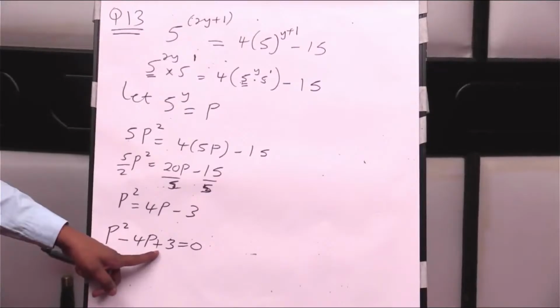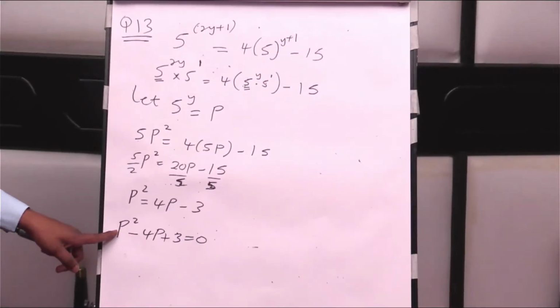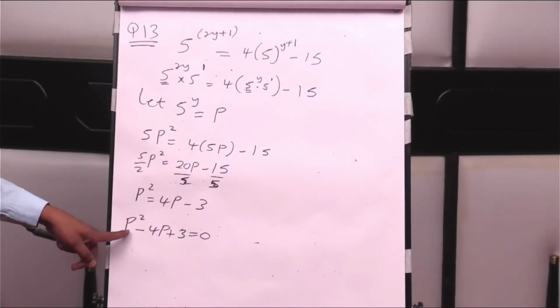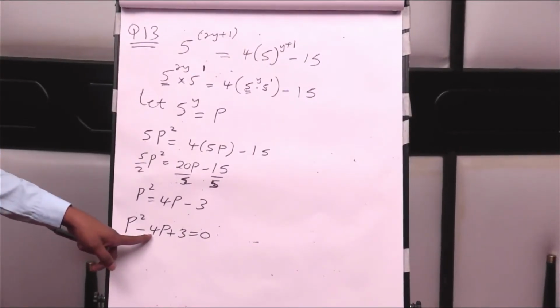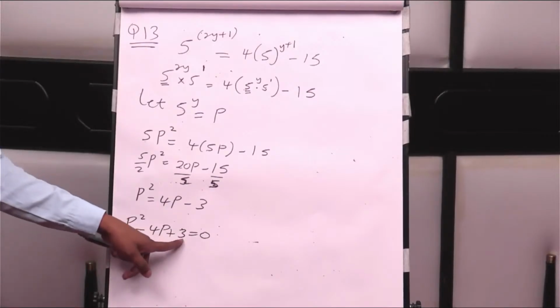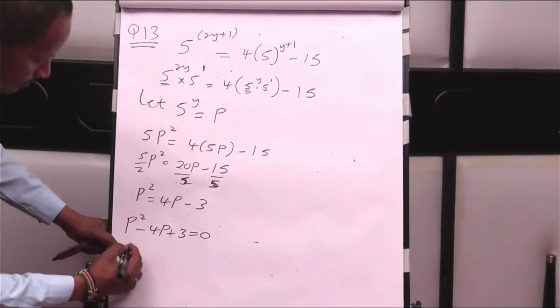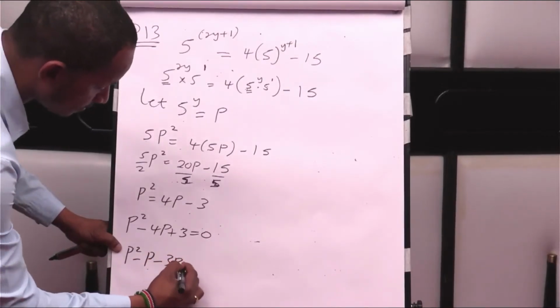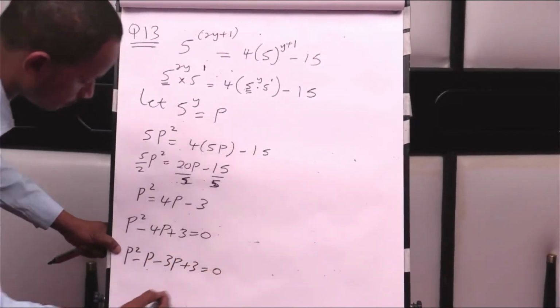Then this is a quadratic equation. Look for two numbers which, if you multiply them, give you 3, and if you add them, give you minus 4. So the two numbers are factors of 3, which are 3 and 1, becomes p squared minus p minus 3p plus 3 equals 0.